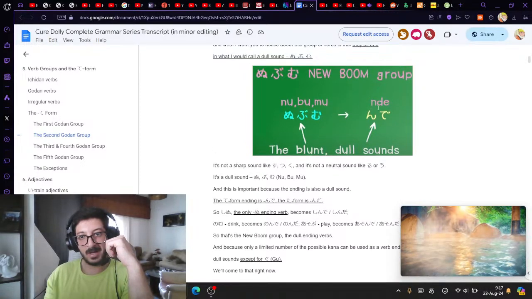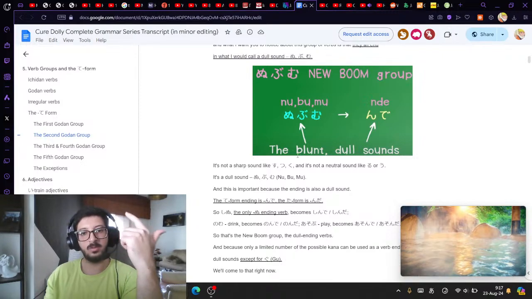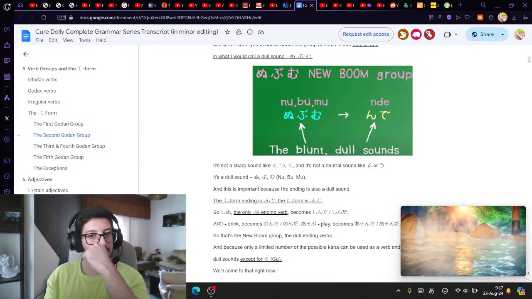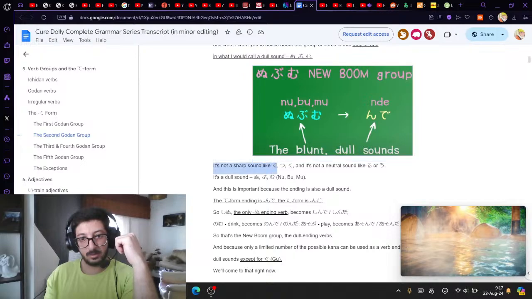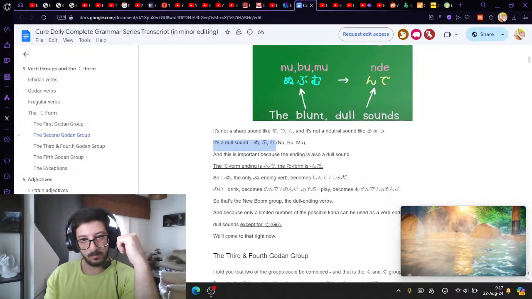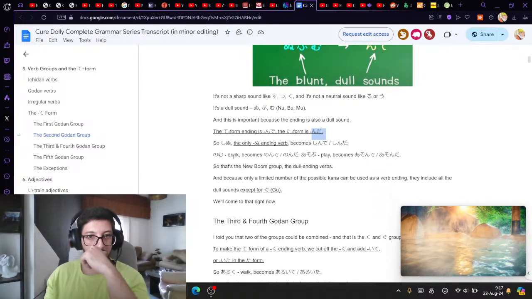Nde basically also means ing for present continuous. It's not a sharp sound like su, tsu, ku, and it's not a neutral sound like ru or u. It's a dull sound, nu, bu, mu. And this is important because the ending is also a dull sound. The te form ending is nde, and the ta is nda, ta for past simple, as we said before.